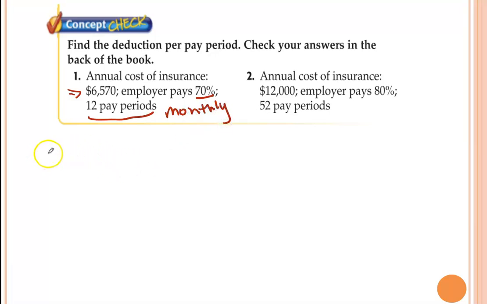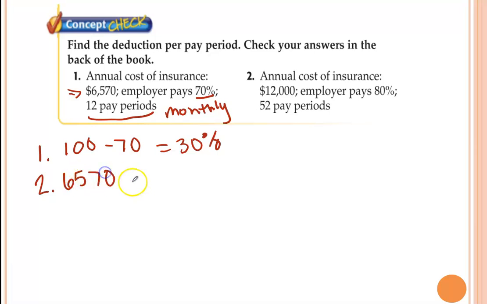So step number 1, find what percent I pay. You take the 100, subtract the 70, and you end up with 30%. Then for step number 2, take that annual amount times the 30%, or move the decimal two spots, so it'd be 0.3, and you would get 1,971.